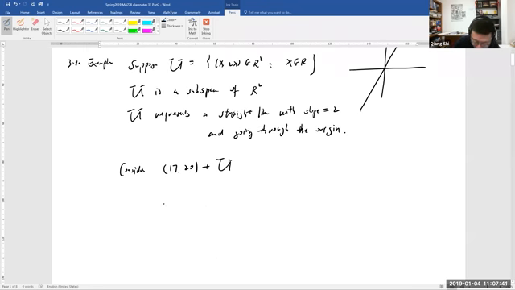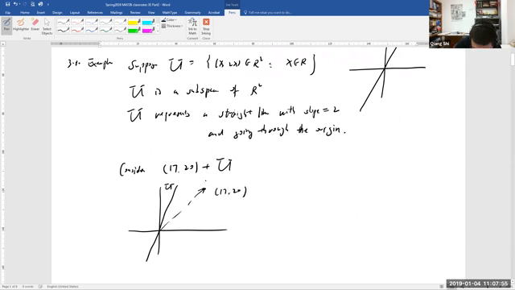In other words, this is our original U. And somewhere here, maybe, is (17, 20). Then this parallel line here is (17, 20) plus U.